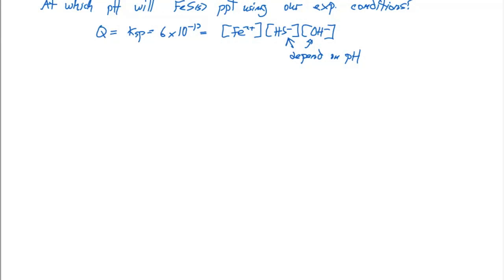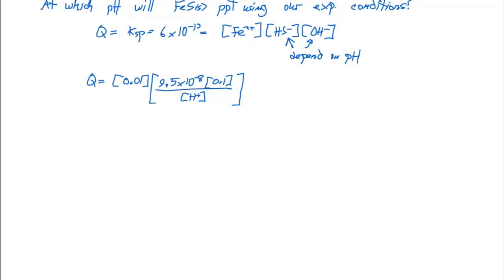So our Q expression is going to be equal to the metal ion concentration, which is 0.01, times the HS- concentration. If we write this out longhand, it's going to be 9.5 times 10 to the minus 8 times the concentration of the H2S, which is 0.1, divided by the concentration of the H+.